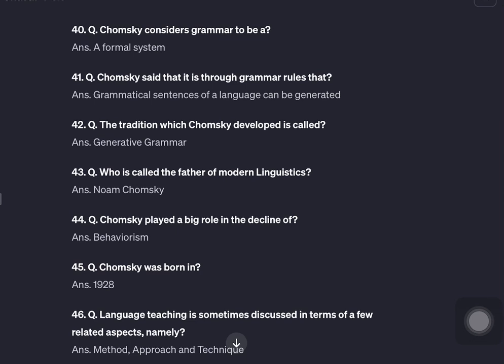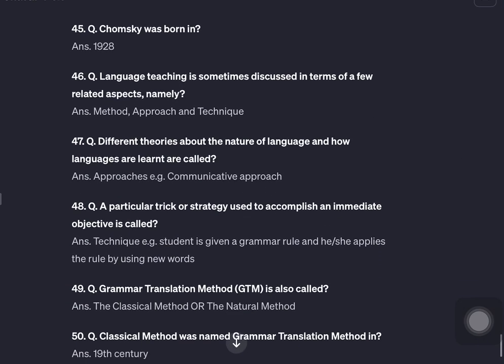Q. Who is called the father of modern linguistics? Ans. Noam Chomsky. 44. Q. Chomsky played a big role in the decline of? Ans. Behaviorism. 45. Q. Chomsky was born in? Ans. 1928.